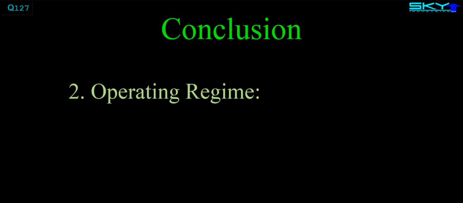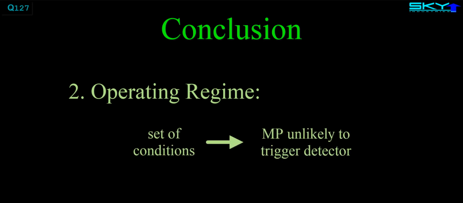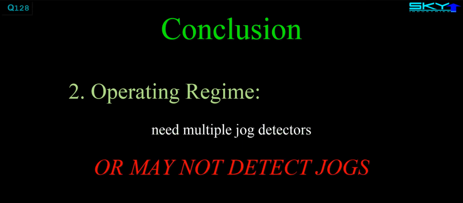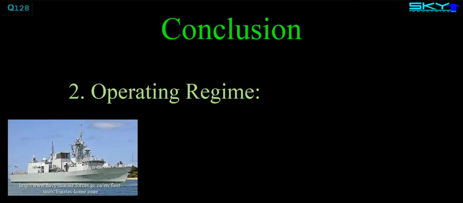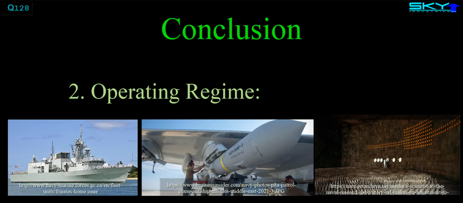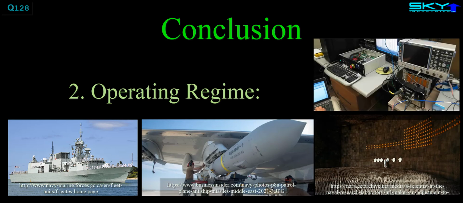A jog detector has an operating regime. The regime is the set of conditions under which the jog detector is unlikely to misidentify multipath as an ECM-induced seeker antenna jog. Now, the jog detector operating regime needs to be matched to the kind of tests that you're doing: real-life combat, which is the ultimate test, or air carry tests, or anechoic chamber tests, or lab bench coaxial cable tests, or some blend of those.